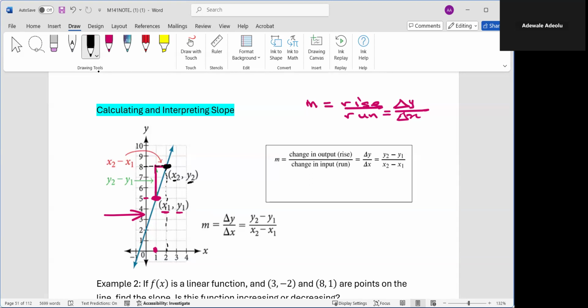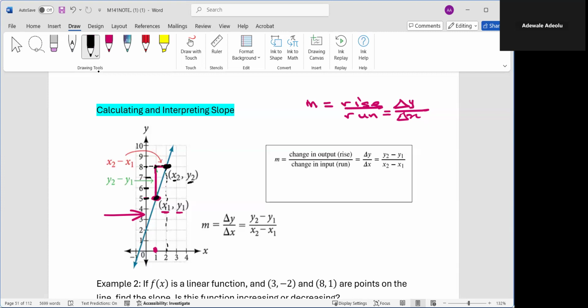Now, we said slope is rise over run. That is, how far has y changed from y1 to y2, the rise. You can see that the change there, the rise there, is 1, 2, 3.